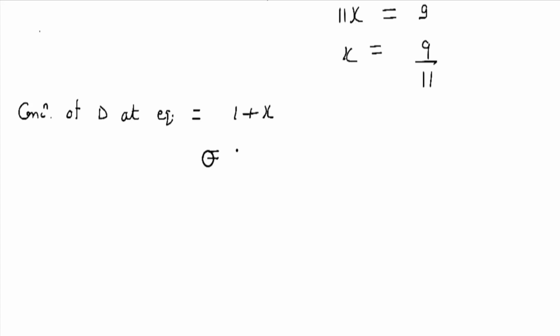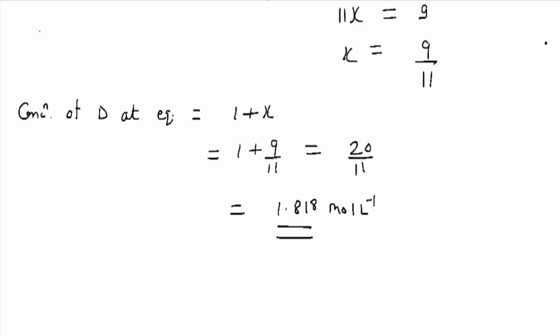So 1 plus 9 by 11 becomes 20 by 11, and if I solve it, it becomes 1.818. So this is the concentration of D at equilibrium, in moles per liter.